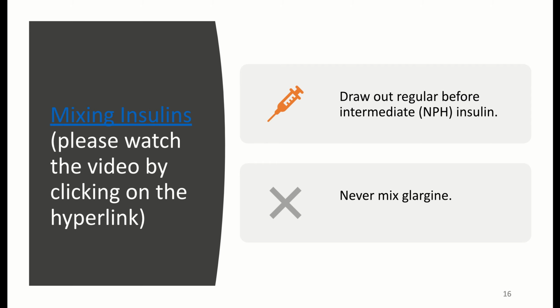So, like I said, insulin pens may be expensive. And so there may be occasions when you need to mix two insulins from a vial of an NPH insulin and a vial of regular insulin. So, what do you do if you need to mix insulins? Click on this hyperlink to review how to mix insulins.